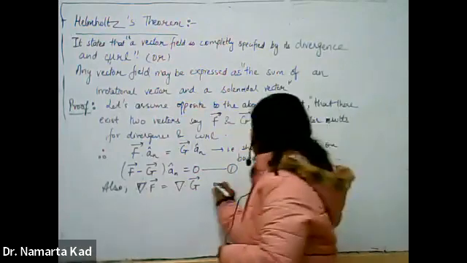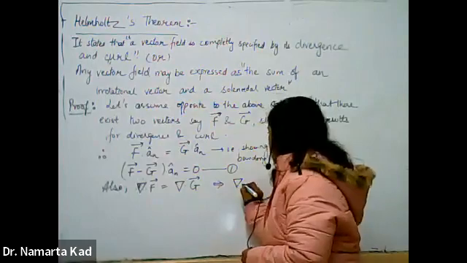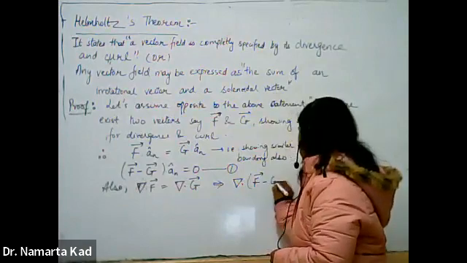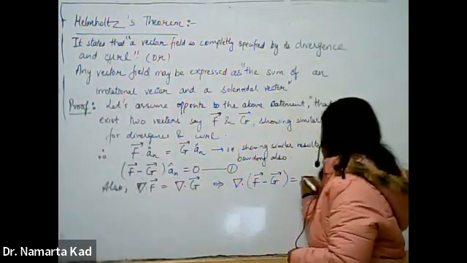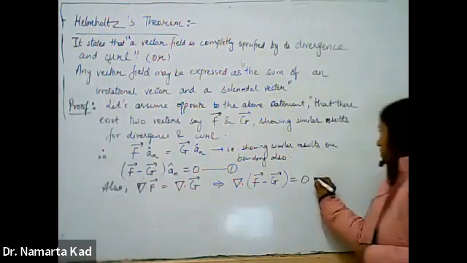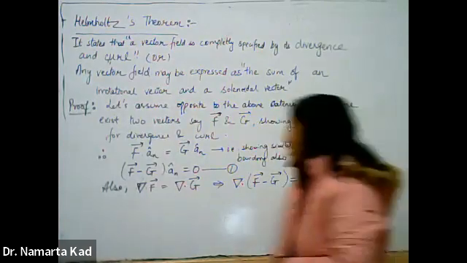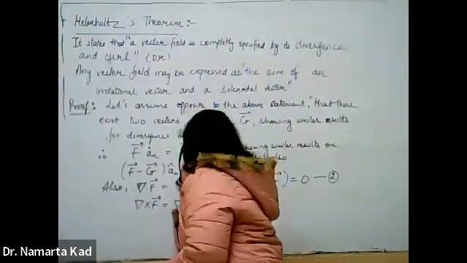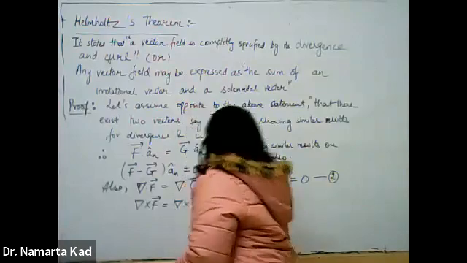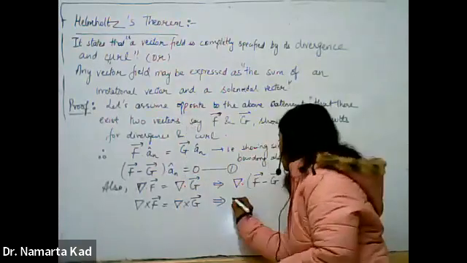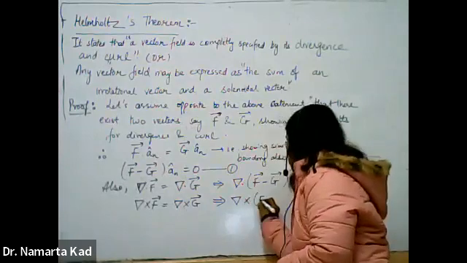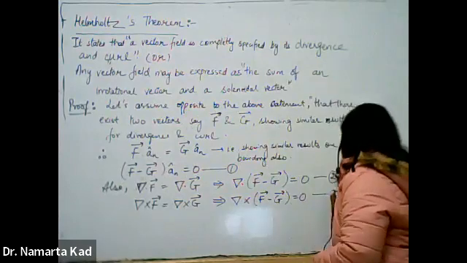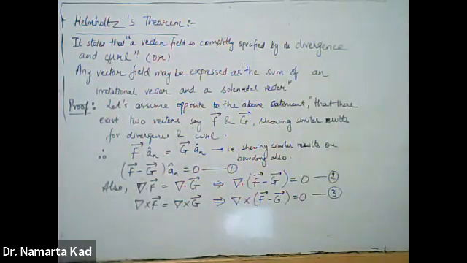So it can further be written as del dot, F minus G, is equal to 0. Mark it as equation number 2. And del cross F vector is equal to del cross G vector, which can be written as del cross, F minus G vector, is equal to 0. Mark it as equation number 3.